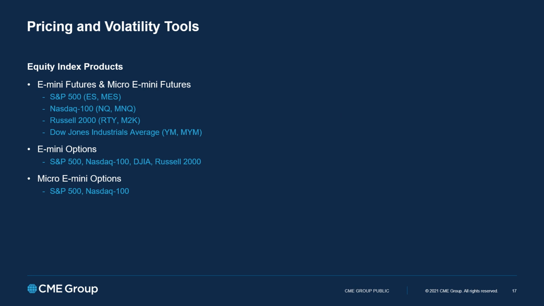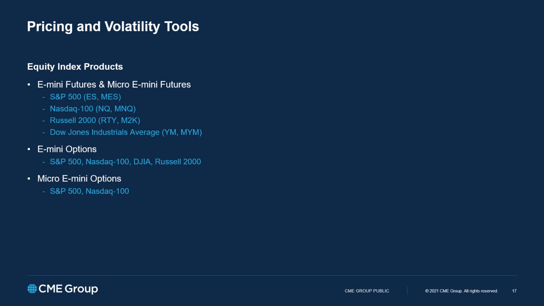And on the S&P and the NASDAQ, we launched what we call micro E-mini futures and actually options now on both of those indices, the success of which has been very well publicized, and we're trading well over 1 million to 2 million, and I think even sometimes 3 or 4 million in a given day in the micros, which is really kind of an unprecedented success for a new product that we just launched in May of 2019.